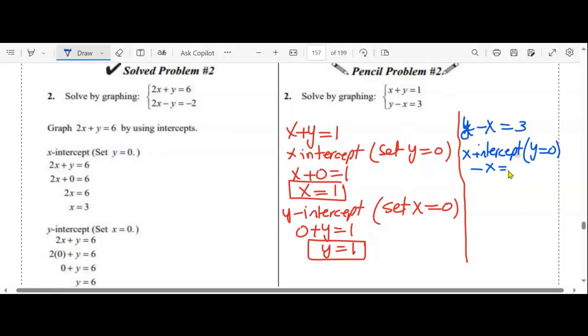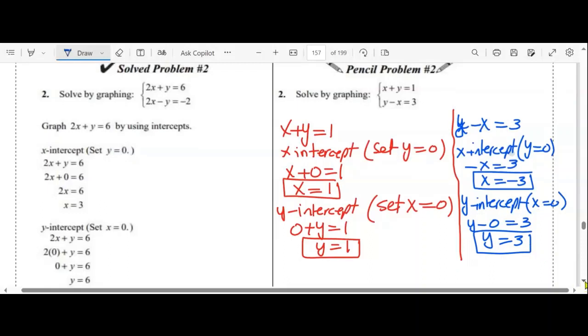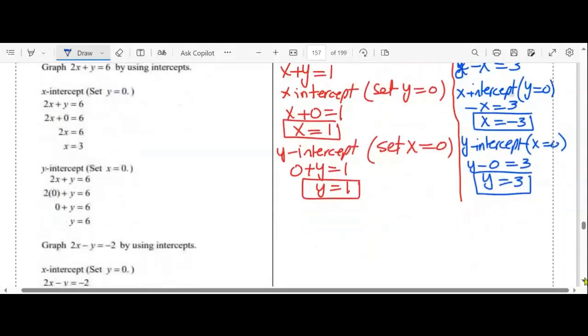So negative x equal what? 3. So x equal what? Negative 3. Y-intercept, what should I do? Let x equal what? 0. So you're going to have y minus 0 equal 3. So y equal what? 3. Is this clear? Clear or not clear?